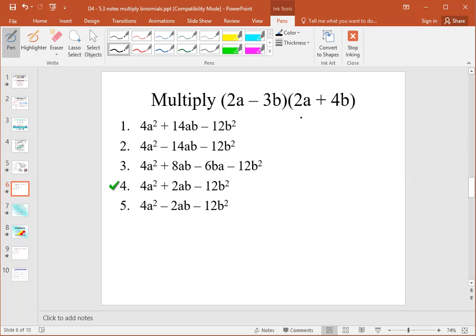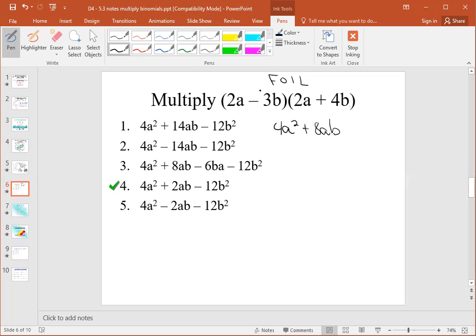First, 2a times 2a, and that gives me 4a squared. Outer, 2a times 4b. 2 times 4 is 8, and I have an a and a b. They're just going to stay the way they are.